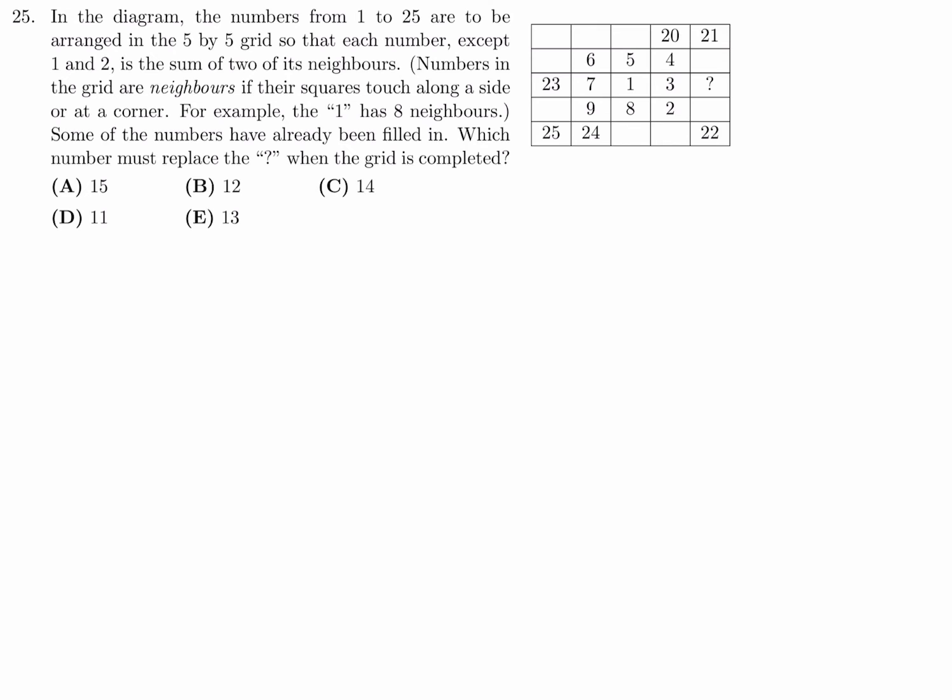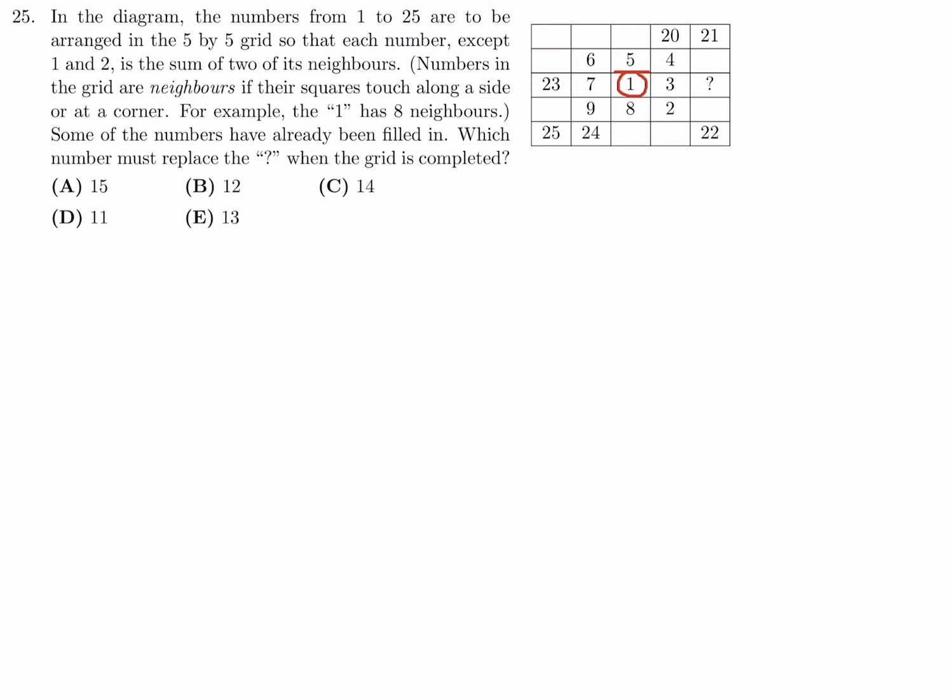So first, let's just explain the neighboring system. Look at 1. All the numbers that surround it are technically its neighbors because they share a side or they share a corner.